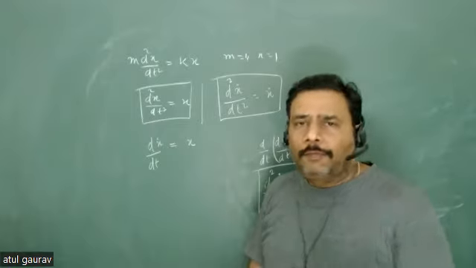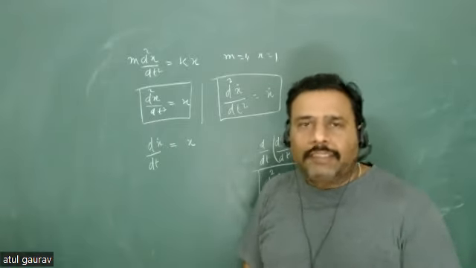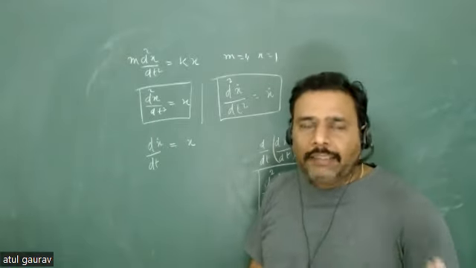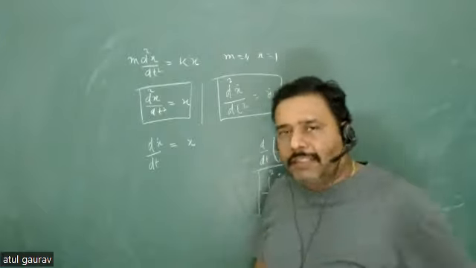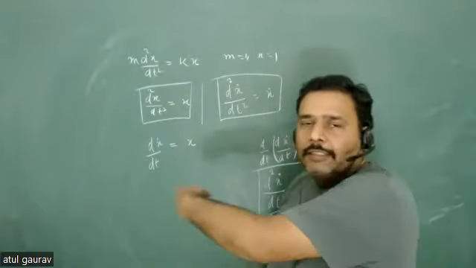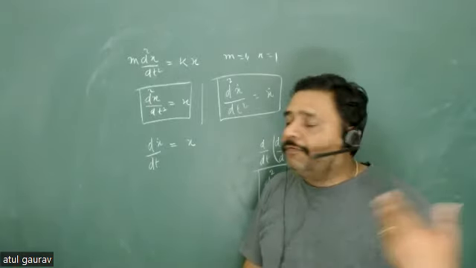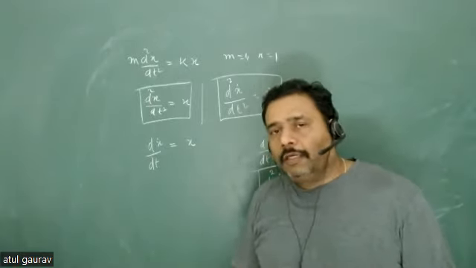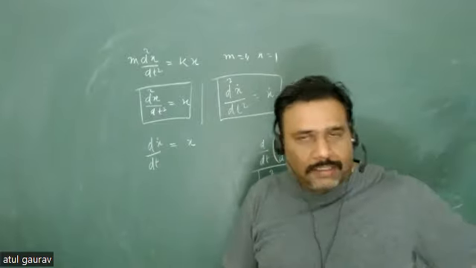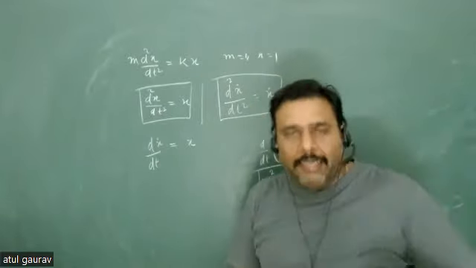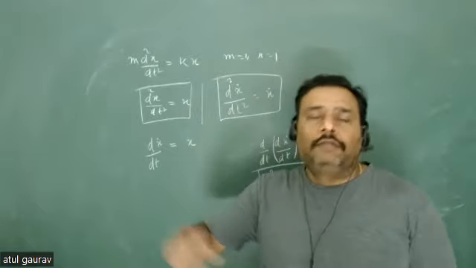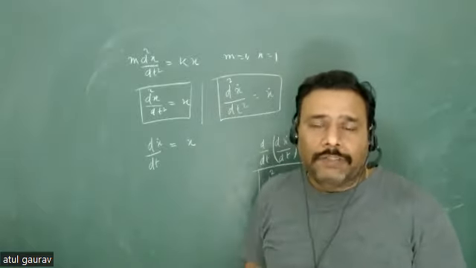Obviously both are straight lines, but the profile is entirely different. One is varying with time, another is constant with time. For constant force, velocity is a straight line and position is a parabolic equation.